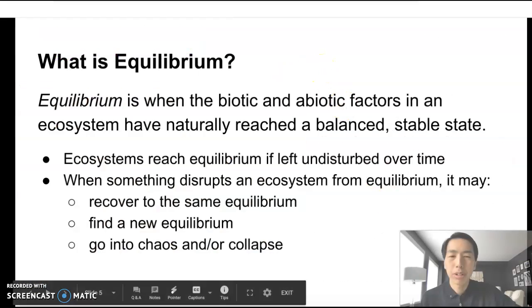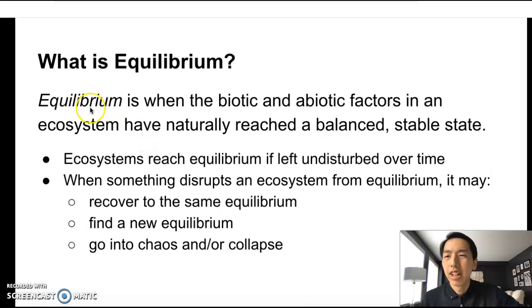So this word equilibrium, which is a topic for the lesson, here's the description. Equilibrium is when the biotic and abiotic factors in an ecosystem have naturally reached a balanced, stable state. If a new ecosystem starts, and you let that ecosystem just sit there undisturbed for a long period of time, then naturally they're going to reach some sort of balance.